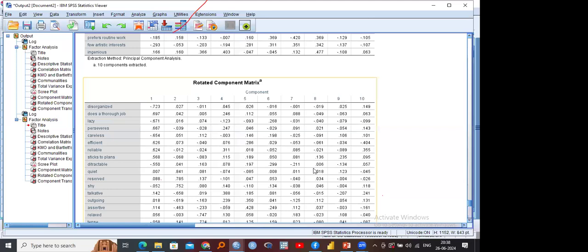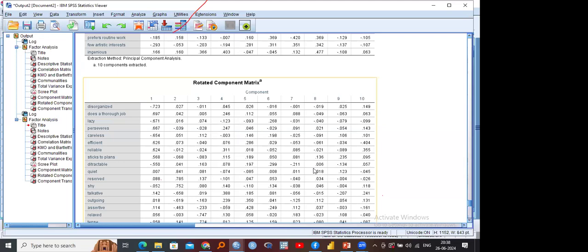You stacked a few things together and said that all these items are making sense. But I'm not able to understand that because disorganized is completely different. A person who is disorganized would not be doing a thorough job.